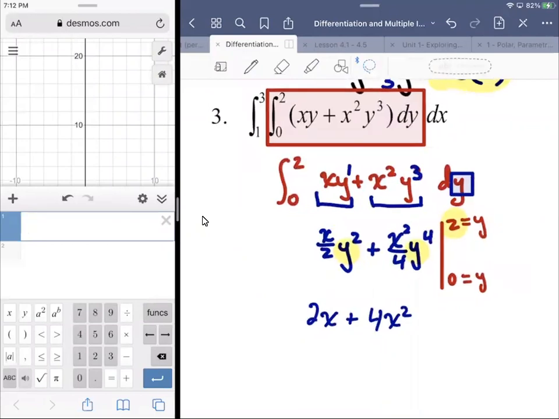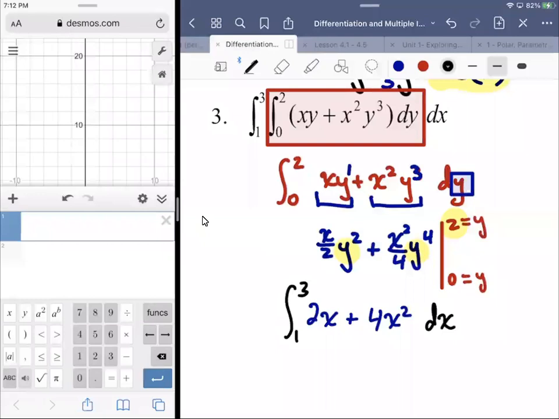Because now that we look at where we started, we took care of the innermost integrand. We integrated with respect to y over the interval of 0 to 2. Now I need to integrate the remaining expression with respect to x over the interval of 1 to 3. Regardless of how easy or difficult it is, you still have the support of the calculator for that.